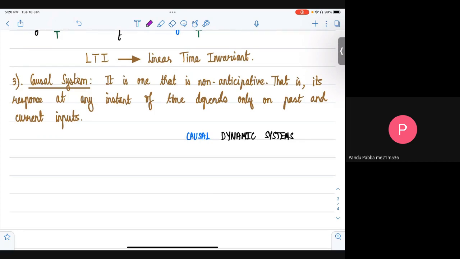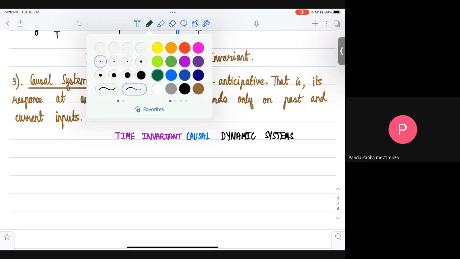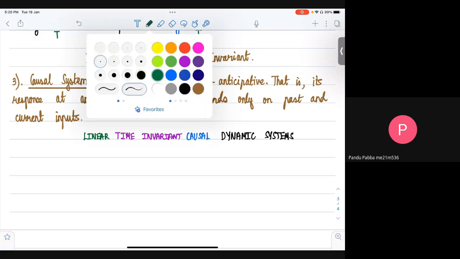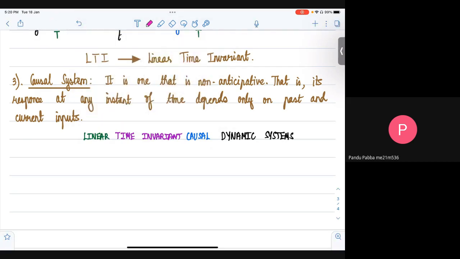And then we are going to look at time invariant approximations of dynamic systems, and then linear approximations. To begin with, we are going to consider SISO, single input, single output.